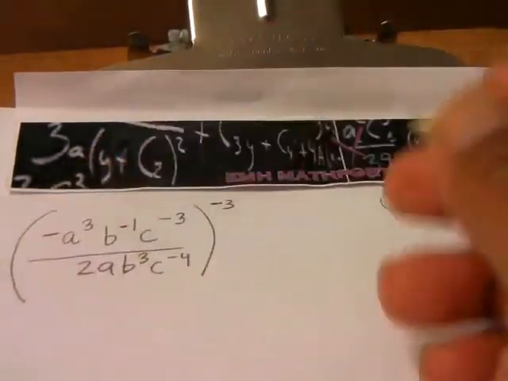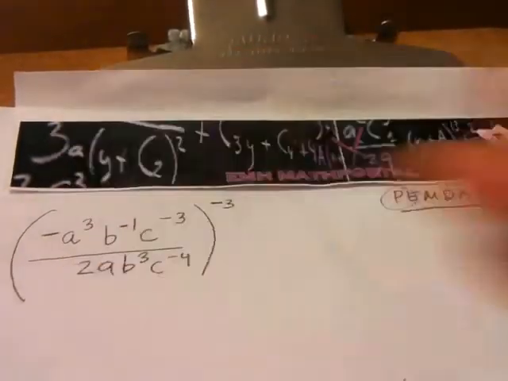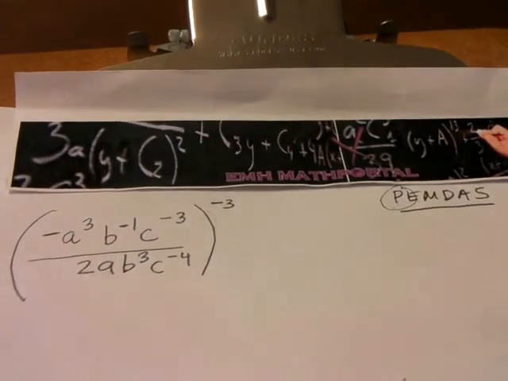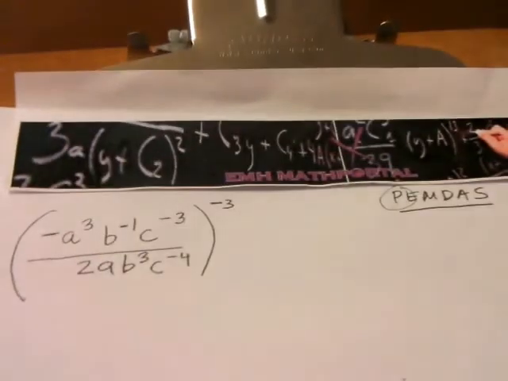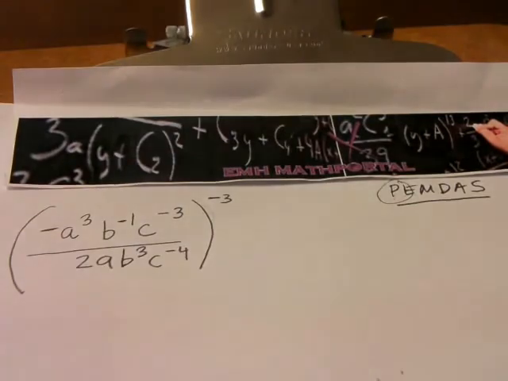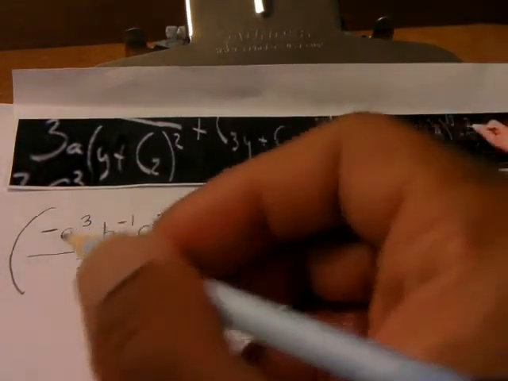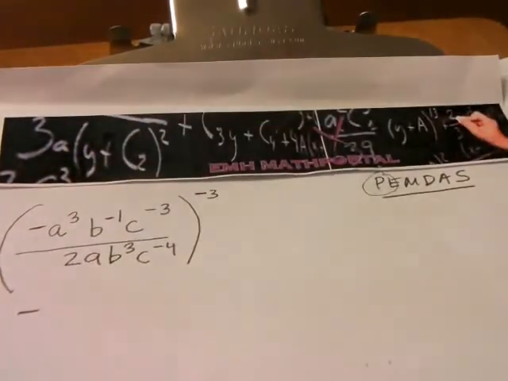But anyway, what we're going to do inside the parentheses, we're going to take everything back to the top using the quotient rule. Notice we have this negative, and we'll play with the negative in a few minutes. Or what we can do, since we have a negative number in the numerator, I'm just going to write the negative beside this. It's the same thing.